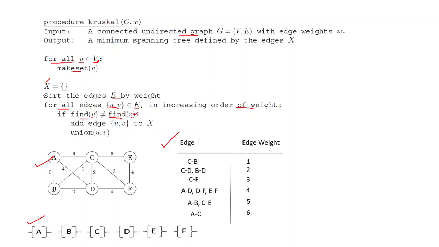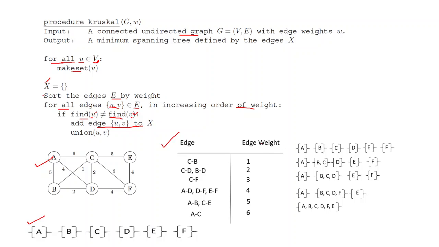If they do not, add edge UV to X and union UV. This is where the union was done. So first BC was added, then BCD, then BCDF, then ABCDEF.